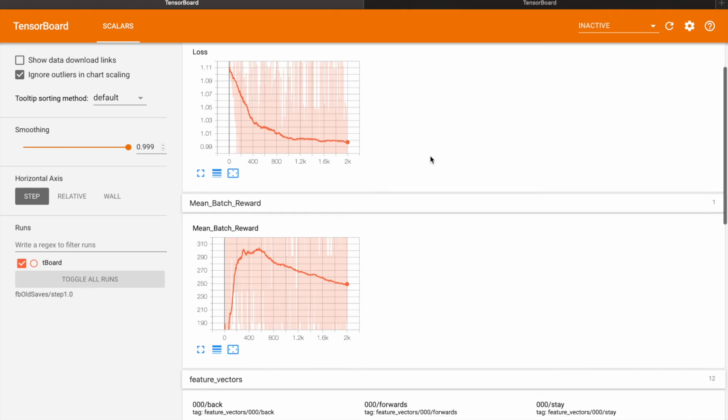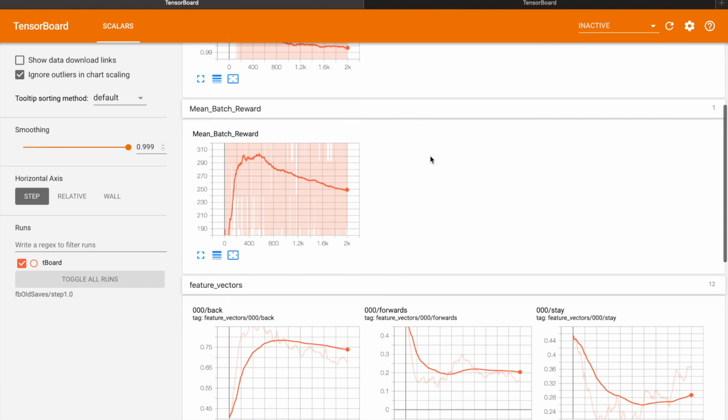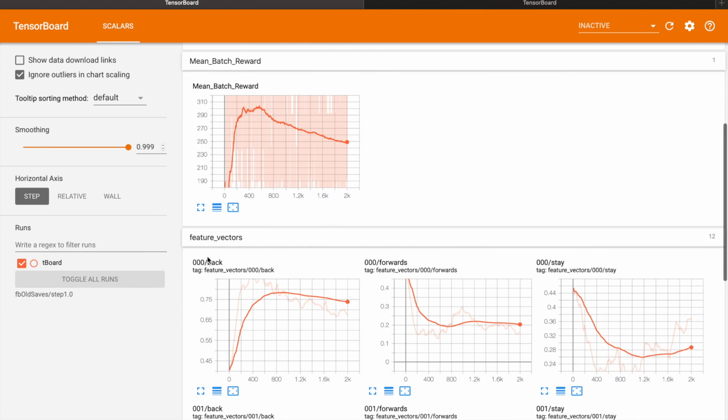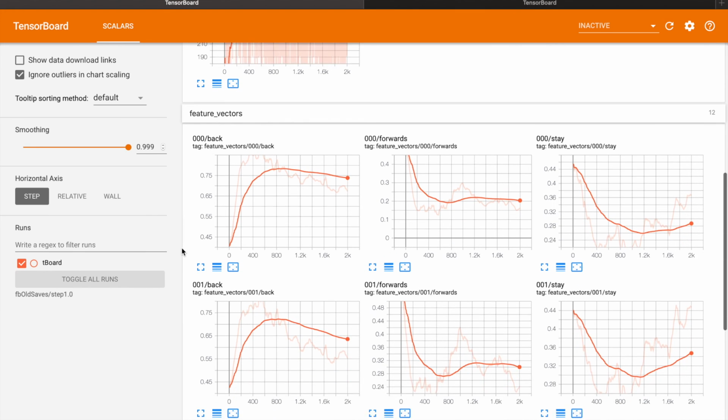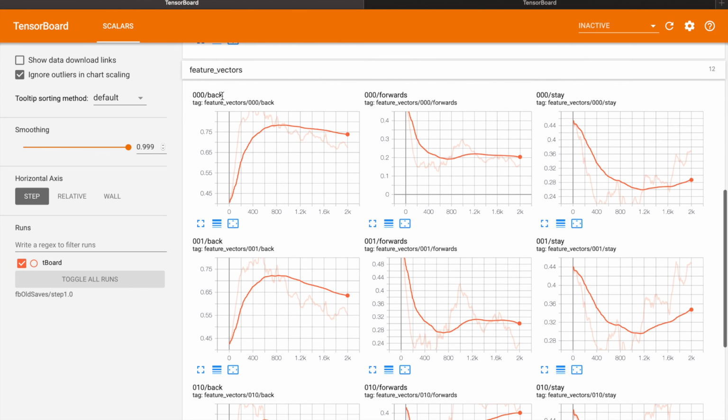So loss is pretty self-explanatory. Mean batch reward is just the reward of the optimal episode we are training on. And we can look down here at the feature vectors, and basically what this is, is the preference for the action back in the feature vector 0, 0, 0.